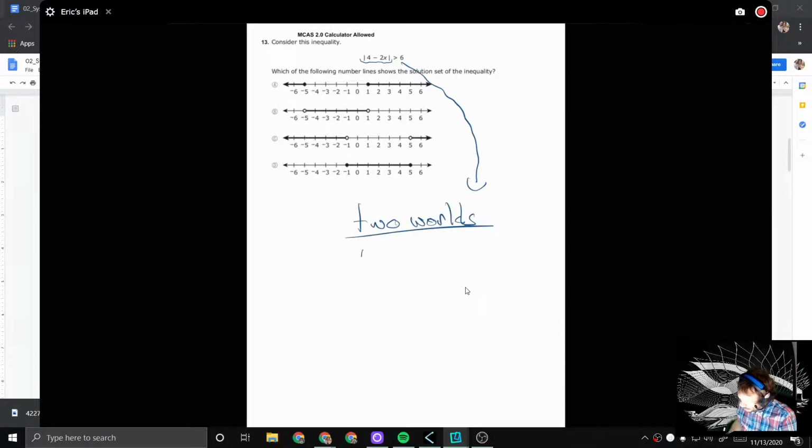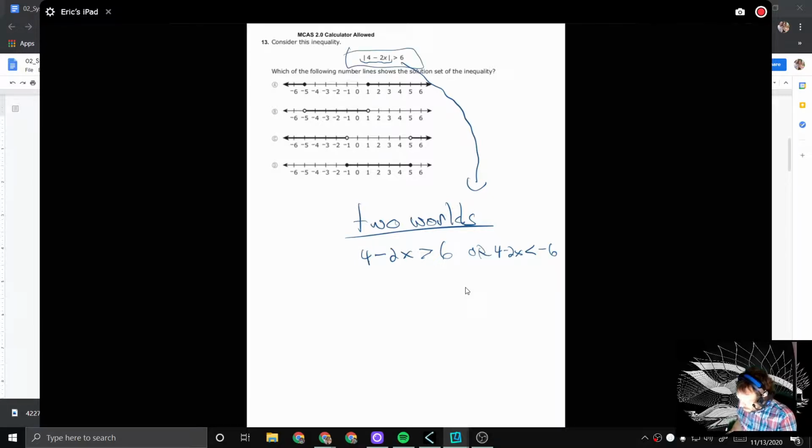One where 4 minus 2x is bigger than 6, or 4 minus 2x is less than negative 6. Either one will give us the result of that being true.